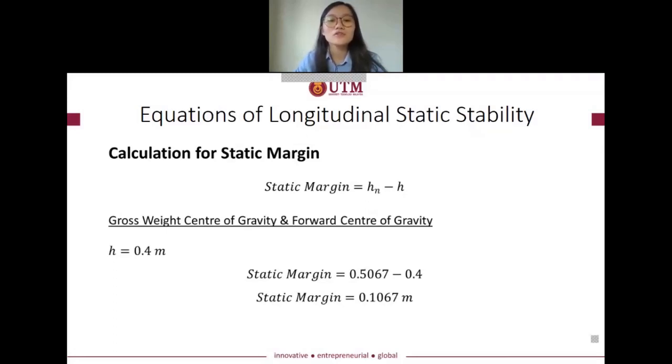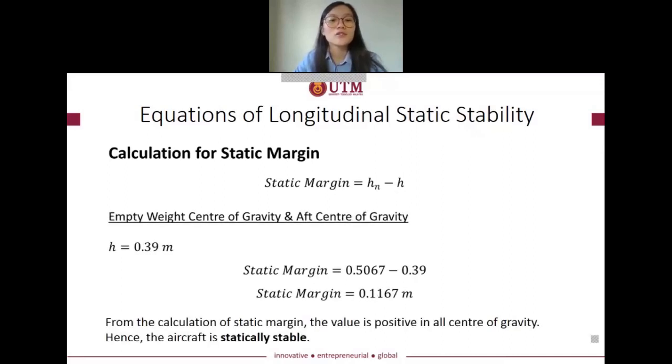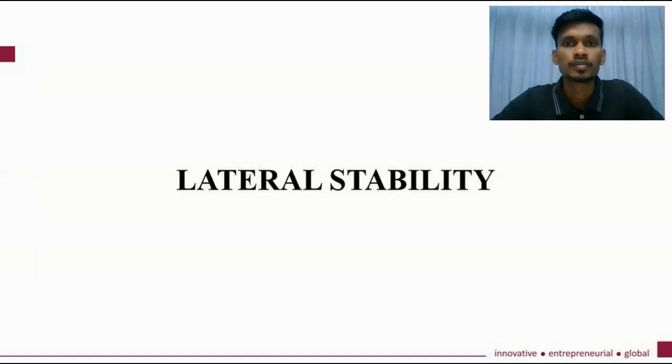Static margin is the neutral point value subtracted by the CG value, which means that the larger the value, the more stable the aircraft. Recalling that the CG position must be in front of the neutral point, the value of the static margin must be positive. The calculation is done for 4 CG positions. All of them obtain positive values. Therefore, the aircraft is statically stable.